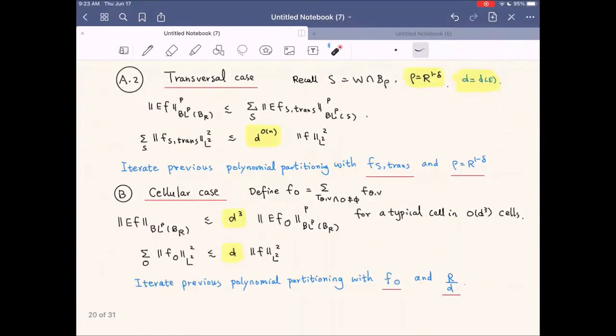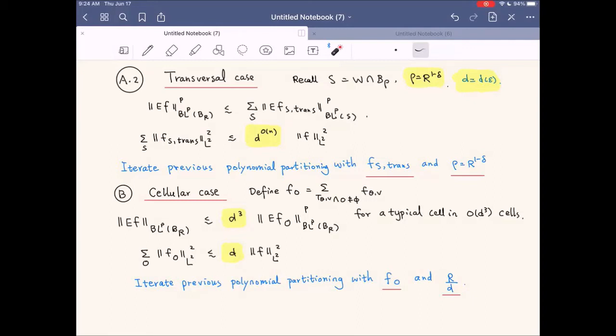So that was the tangential case. And now for the transversal case and cellular case, things are as before. Recall that S is this neighborhood of the algebraic variety intersecting a ball of radius r^(1-delta), and delta is a very small positive number.